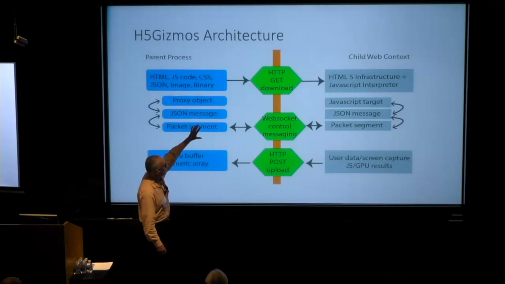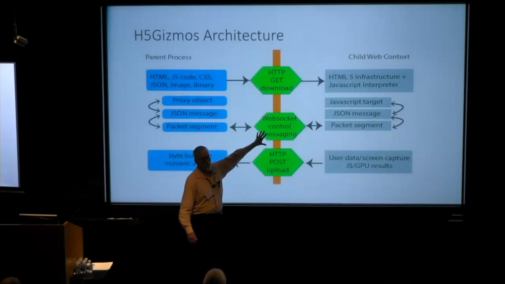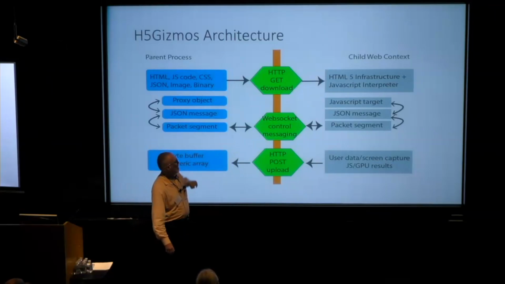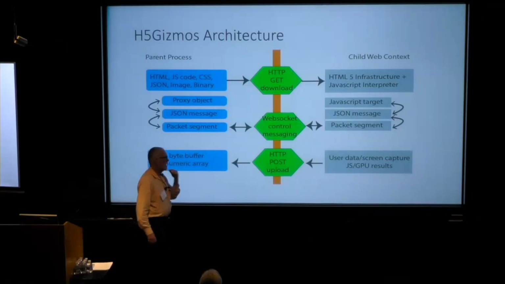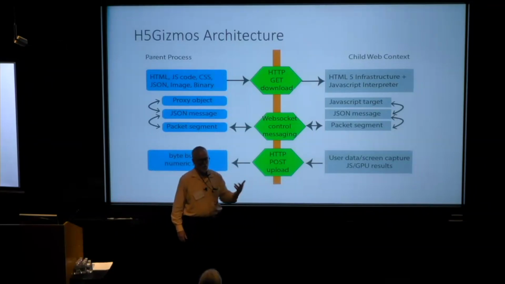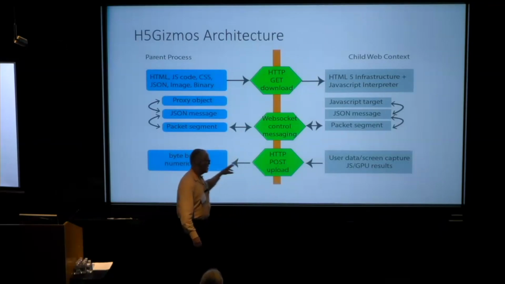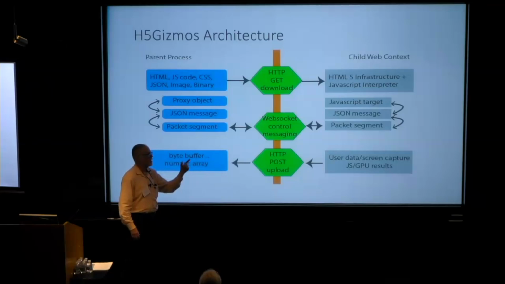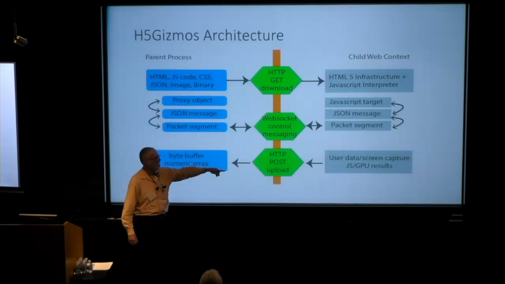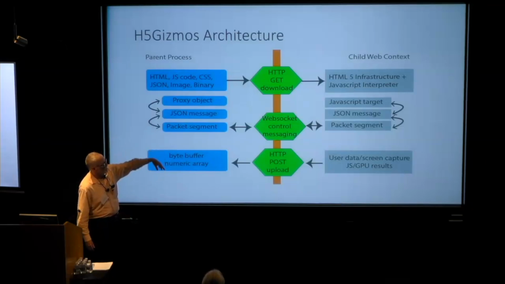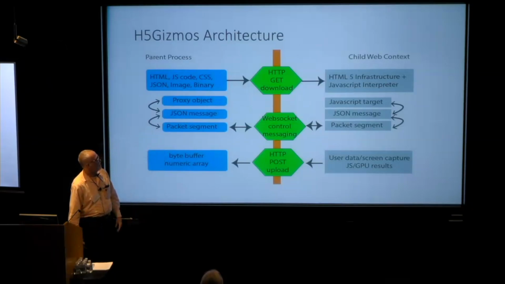Ultimately, once everything's initialized, it sets up a WebSocket control connection, which communicates back and forth between the two processes. Hypothetically, you could capture GPU results or large images using a post to send data from the child web context back to the Python process. That's the general idea of what the underlying protocol looks like.